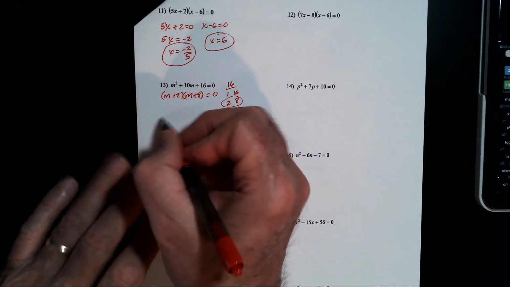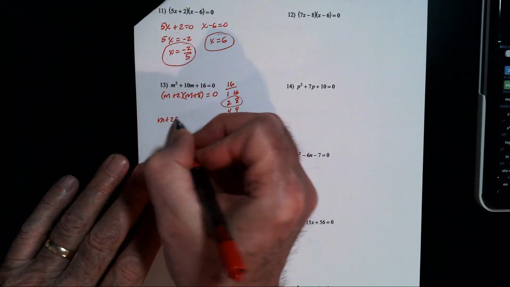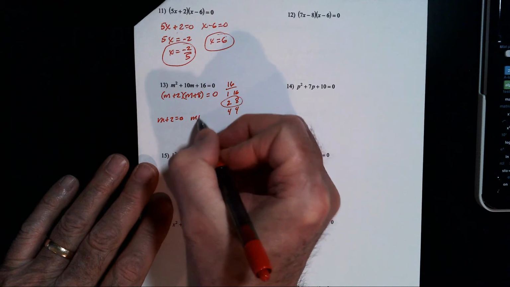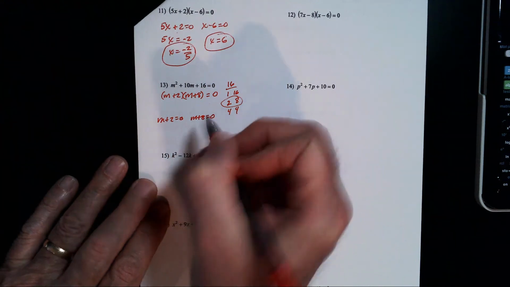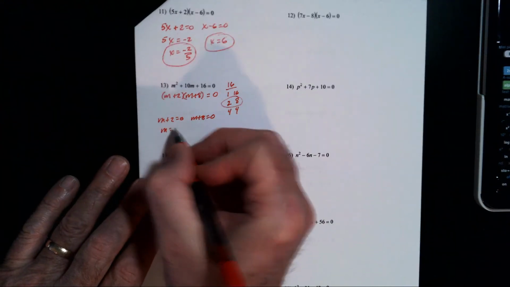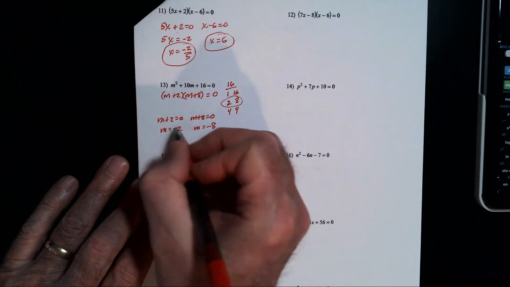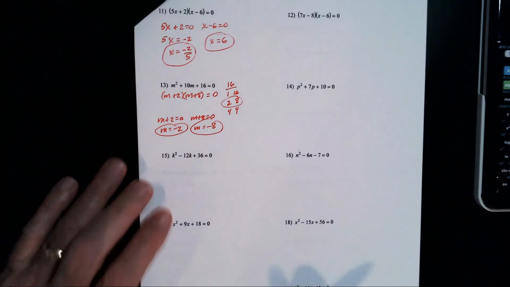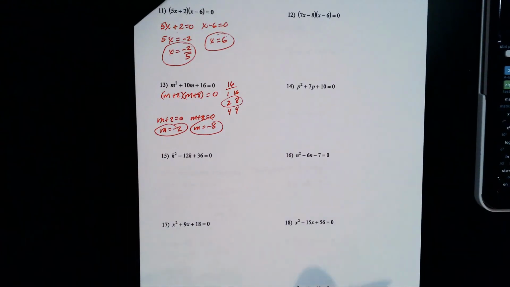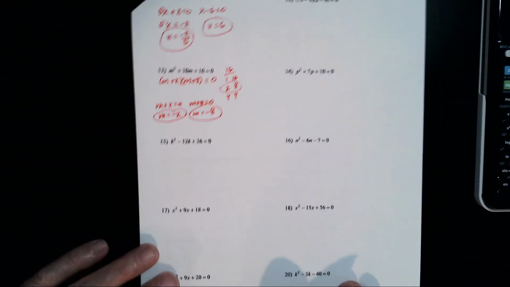Now we're going to use the zero product property for each of those factors. And so in this case, m is equal to -2, and here m is equal to -8. Not bad. All right, number 15.